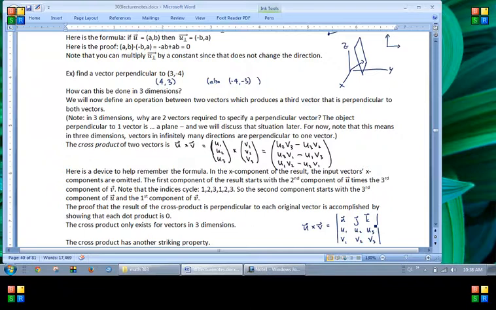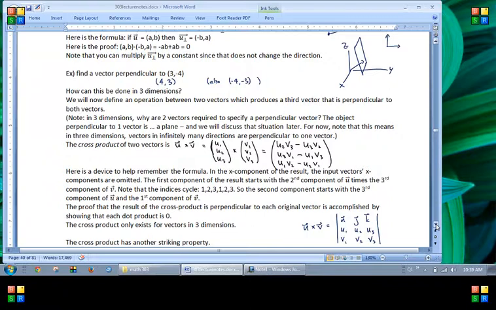You can remember the formula for u cross v as this determinant. Okay, so that's a side note. Now on with the calculus.